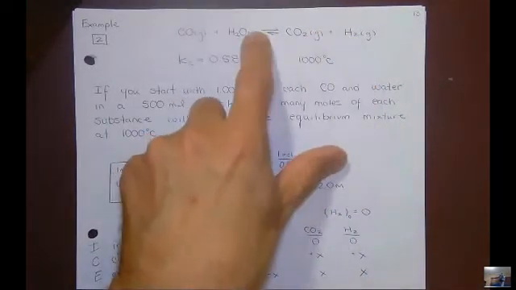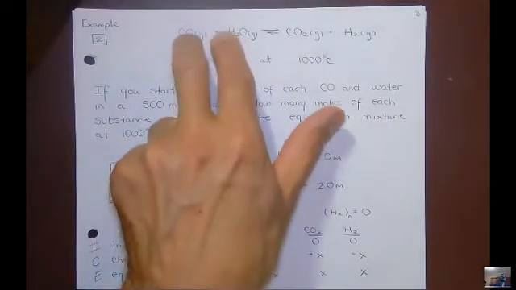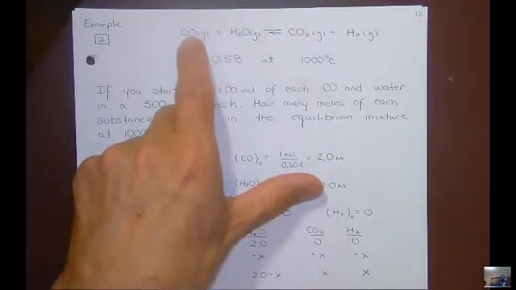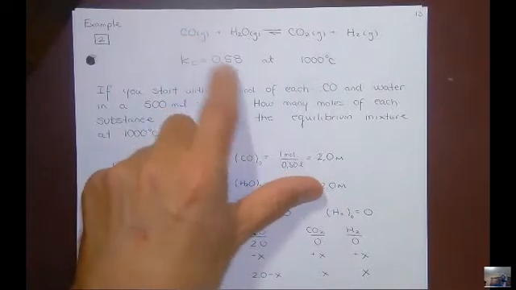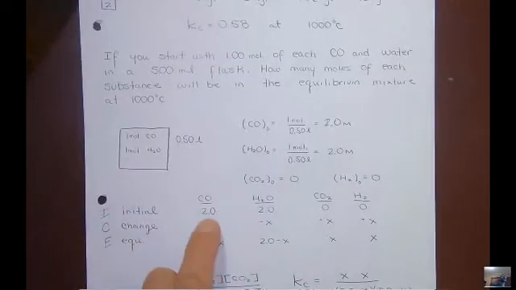You need molecules to react. So this concentration and this concentration have to go down. So I'm going to define x as the amount of carbon monoxide that reacts from the initial concentration. So I know the initial amount. I'm going to make the change equal to x. Okay, so x is our change.